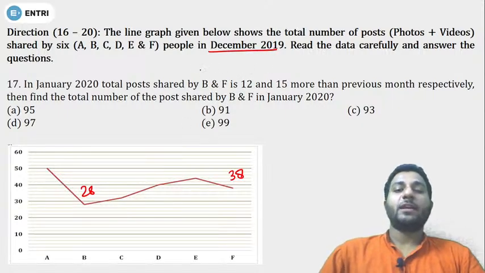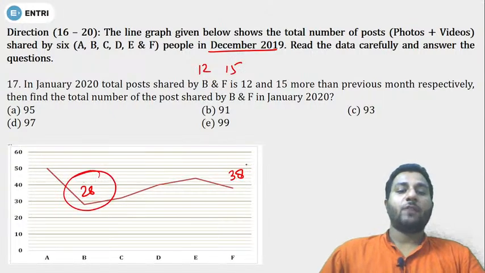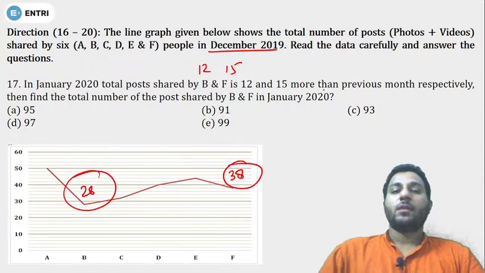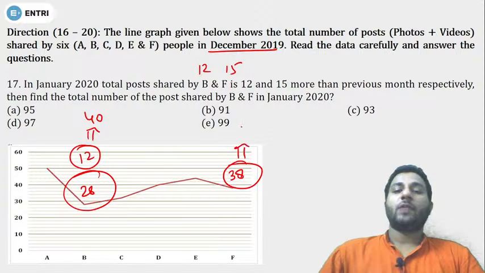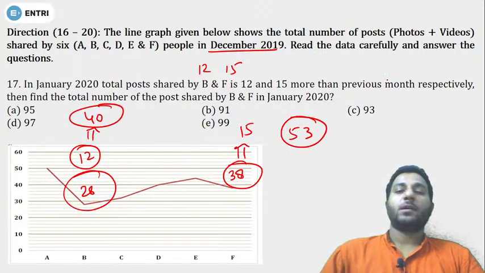In January it is 12 and 15 more than the previous month, which means if you add 12 it will become 40, and if you add 15 it will become 53.